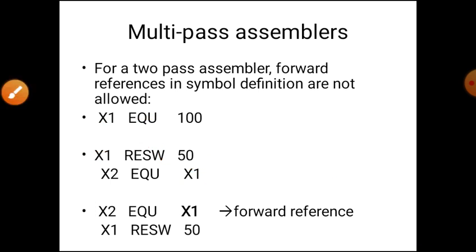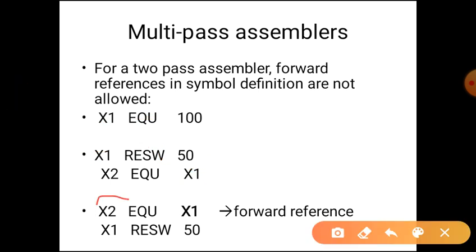Now come to one more set of instructions. I have reversed the previous two statements. These two statements are reversed. x2 EQU x1. Here the meaning is that x2 should be assigned the value of x1, but at this line we don't know the value of x1, because x1 is a forward reference which is defined later in the program.